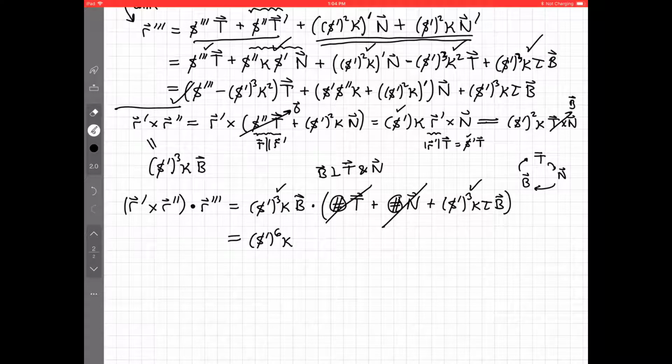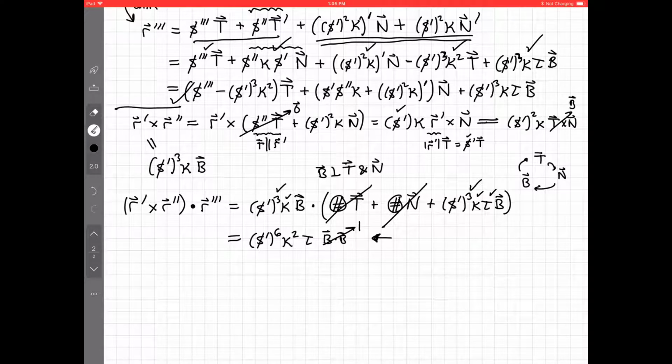We have kappa, a copy here and a copy here, so we have 2 copies of kappa. We have a copy of tau, and then B dot B is just 1, because that's the length of B squared. B is a unit vector. Well, isn't that handy? If we stare at this right here, we're very close to having a formula for tau.